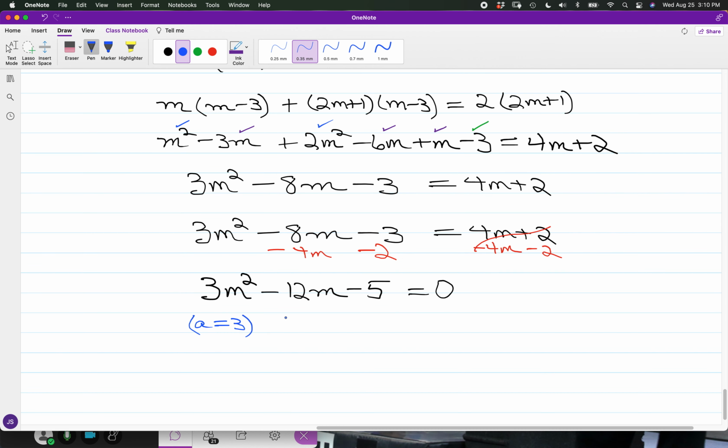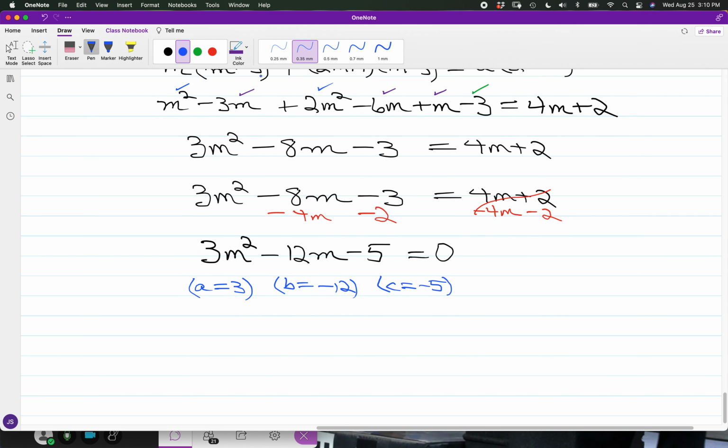So we have a is equal to 3, b is equal to negative 12, and c is equal to negative 5, and we have the quadratic formula. Crossing over into the substitution stage, now we have negative b.